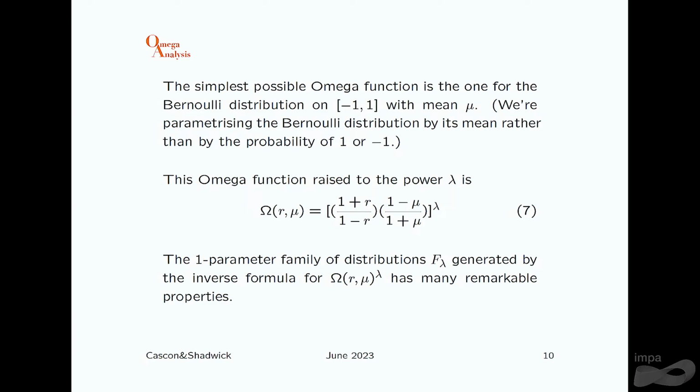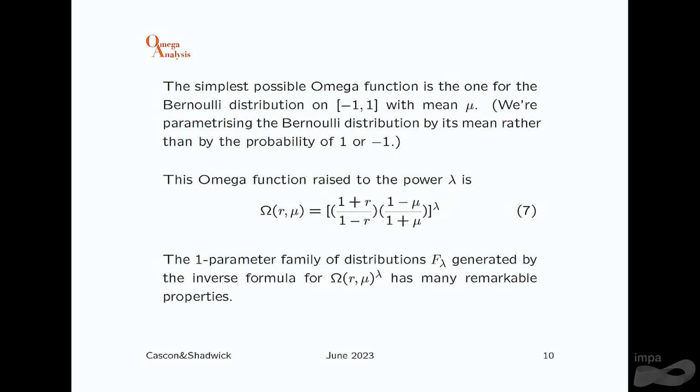Or a discrete distribution with two data points. Well, with one data point, you don't have an omega function. But with two, you do already. So the most fundamental, simple thing is the omega function for the coin toss, which is the mu equals 0 case of this.